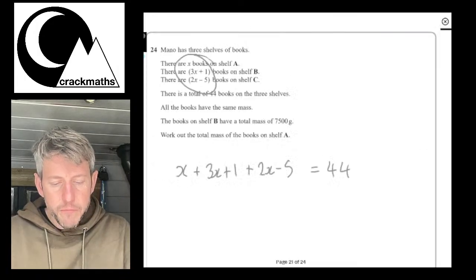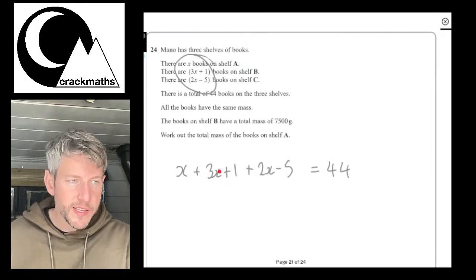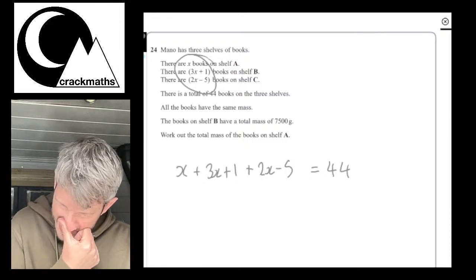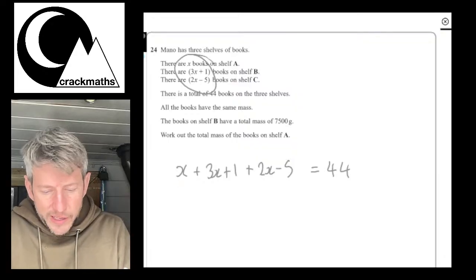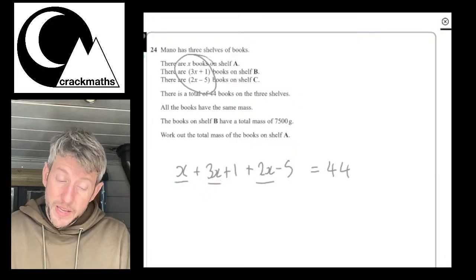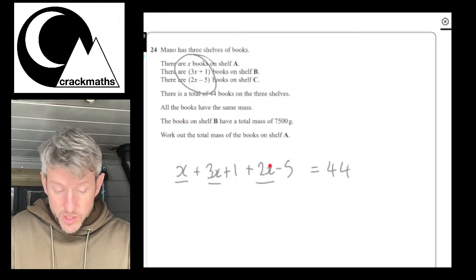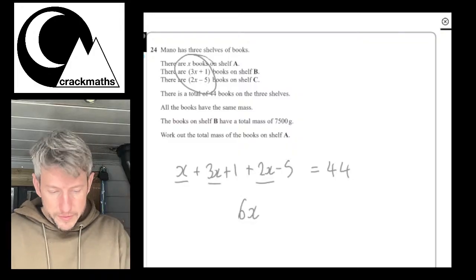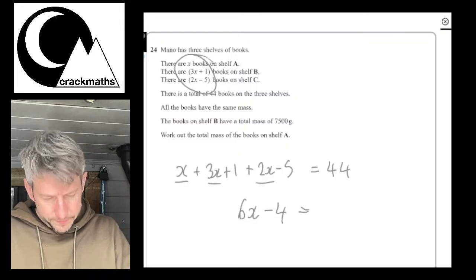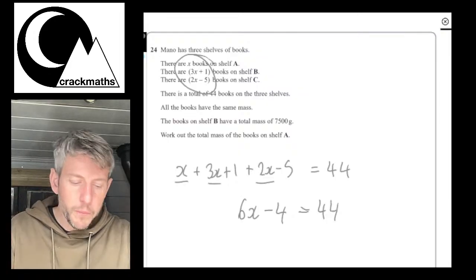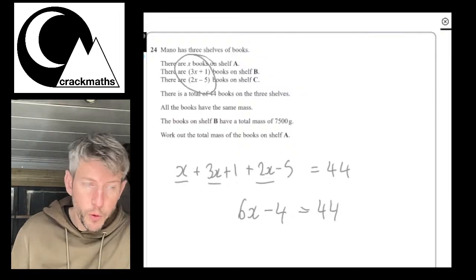Each one is a certain number of books. Right, we need to collect the like terms. So 3x add x makes 4x, add 2x is 6x. 1 minus 5 is minus 4. So we get 6x minus 4 equals 44.